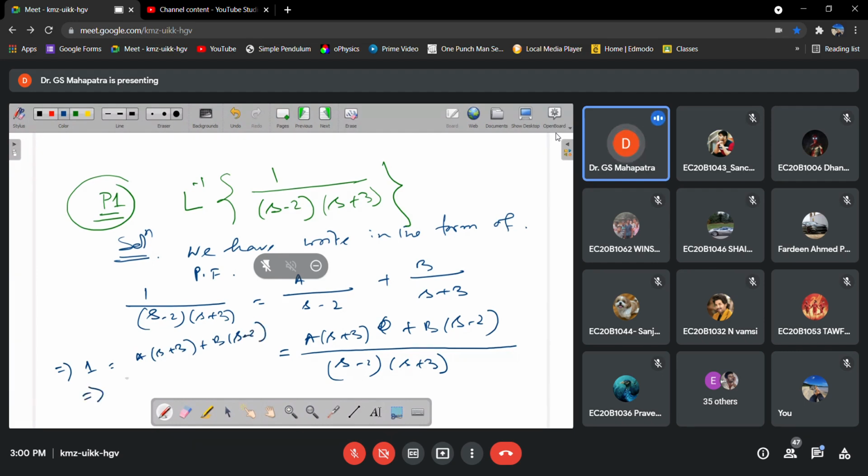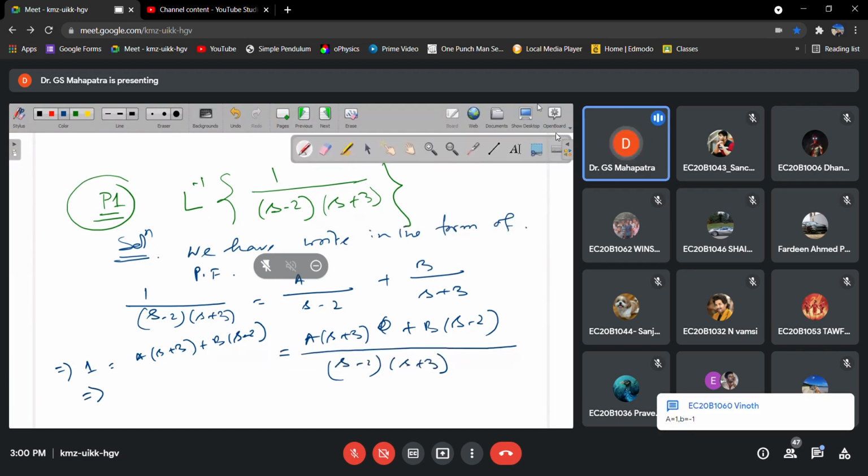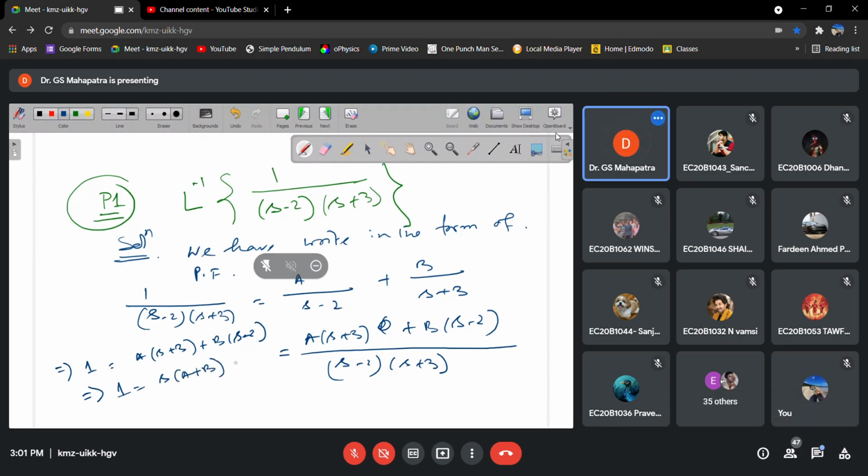Now if you compare both sides, there is no s on the left-hand side, so A plus B equals 0, correct? So 1 equals s into (A plus B) plus 3A minus 2B. A plus B equals 0, and 3A minus 2B equals 1. What are A and B?